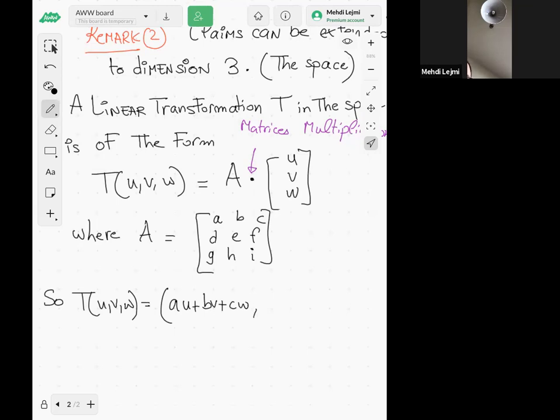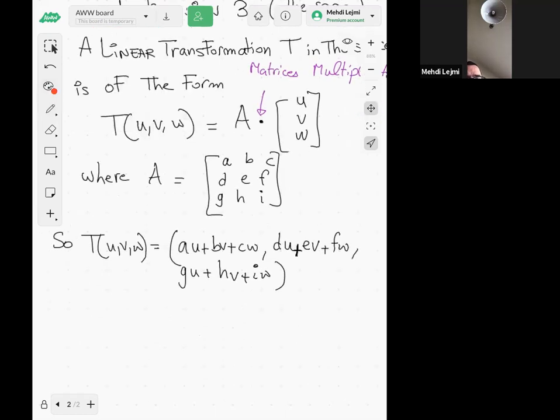For the second component, you take the second row: DU plus EV plus FW. And the third component would be GU plus HV plus I times W, right? Anyway, let's just take a numerical example.